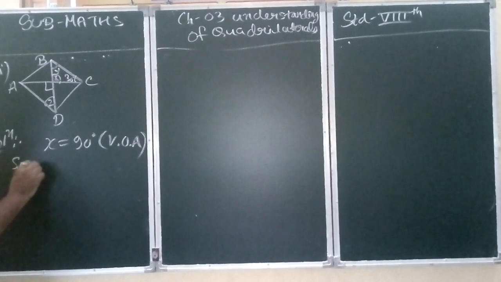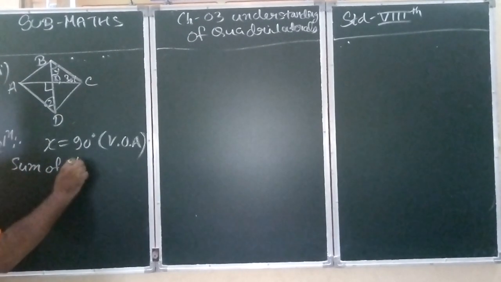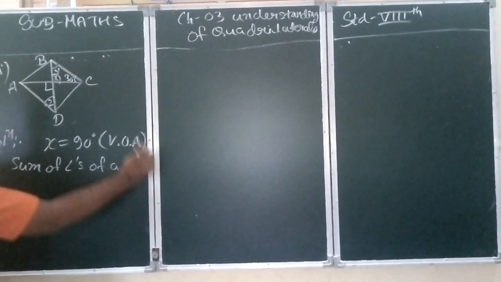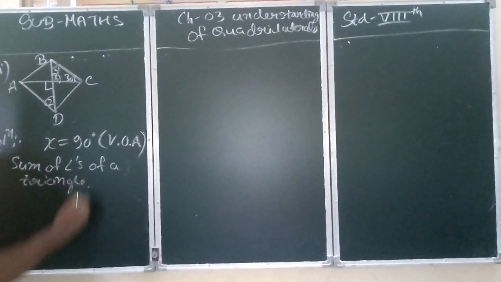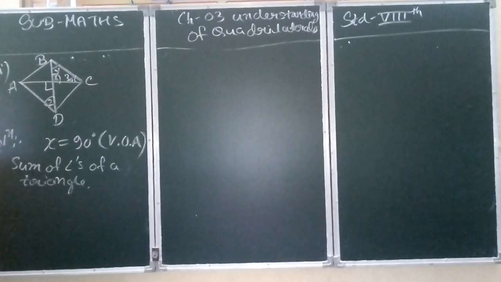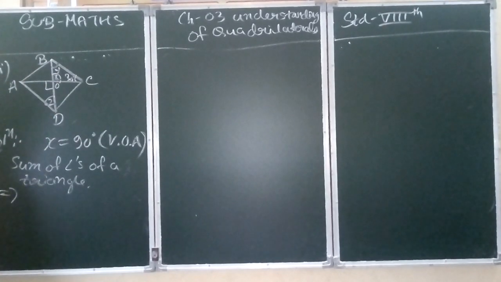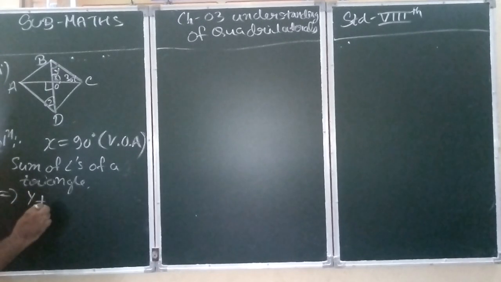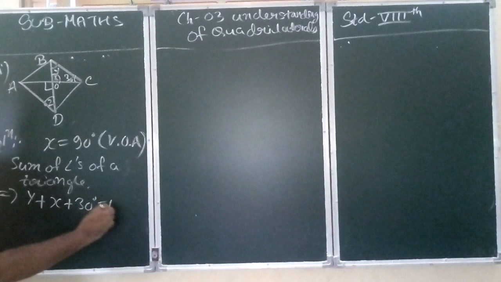So sum of angles of a triangle, or interior angles of a triangle, is equal to 180 degree. So this is the triangle we draw. If we draw it here O, BOC is one triangle. So y plus x plus 30 degree is equal to 180 degree.